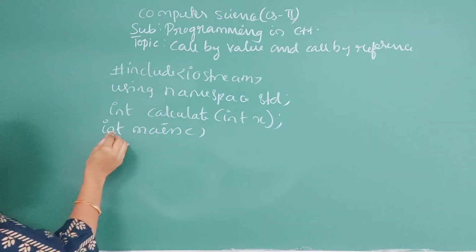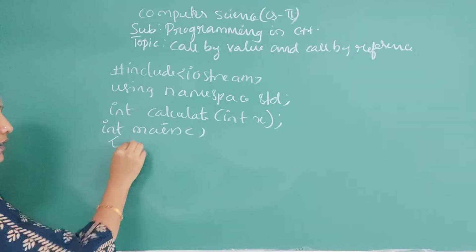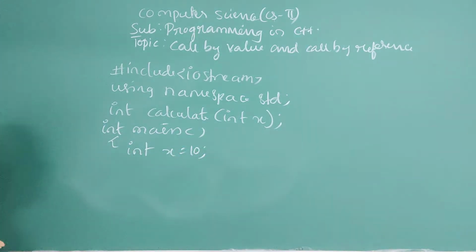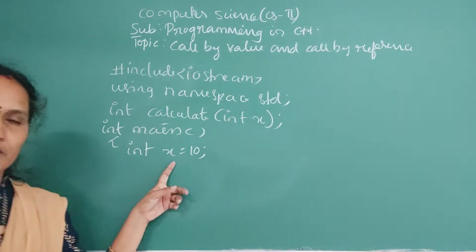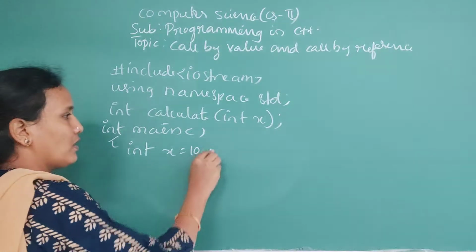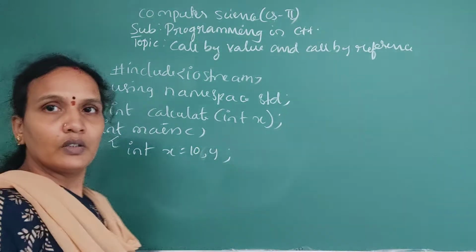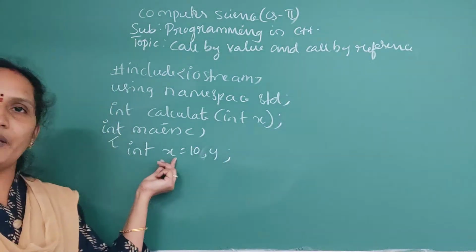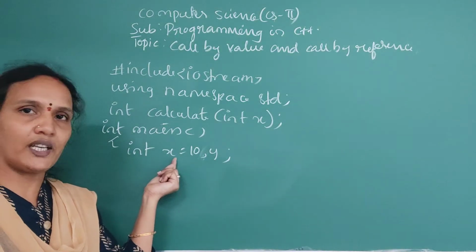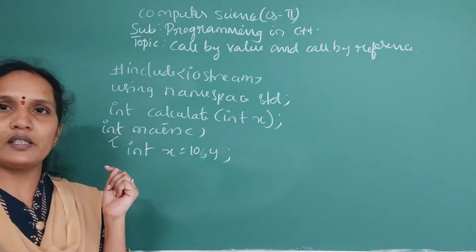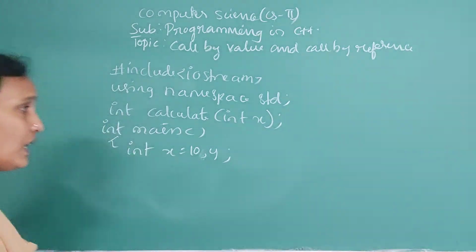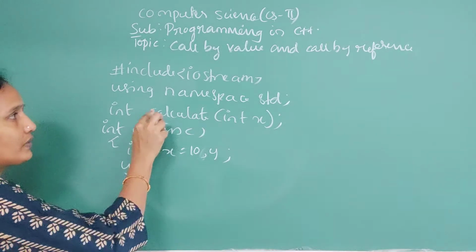After this, I declare one variable, int x equals 10, and one more variable, y. Here one variable I have initialized and the other I have only declared. In this variable I want to store the result of the calculate function.